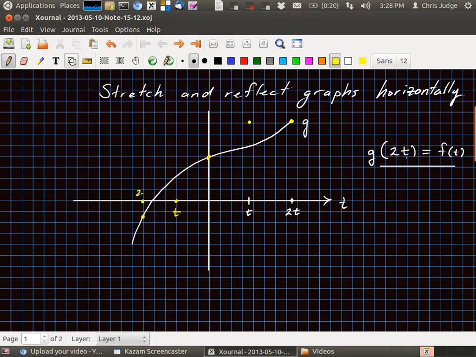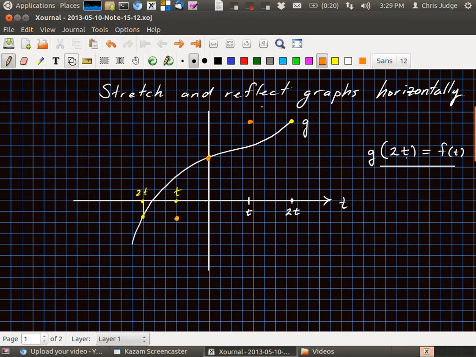This is 2t, so this negative height will be g of 2t. This corresponds to the f value at t, so this height should be the same as this height. So I have these 3 points on the graph of my new function f, which is also called g of 2t.